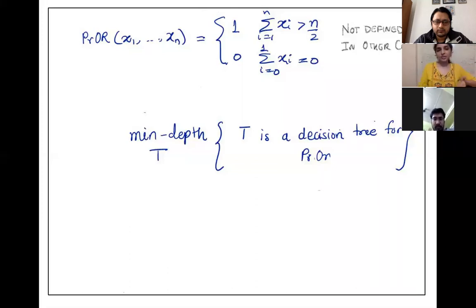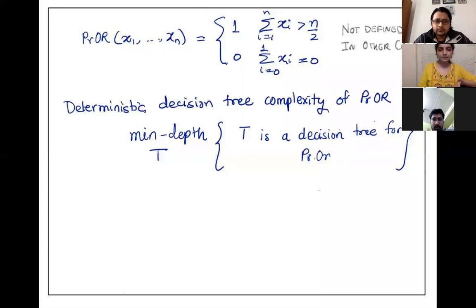Decision tree is the structure I drew on the previous slide. And it is called deterministic decision tree because every question you ask is deterministically asked. It is asked based on the answer given to the previous one, but it is still a very deterministic process. By asking the next, you already know what your next question is going to be, if the answer was that, and so on and so forth.